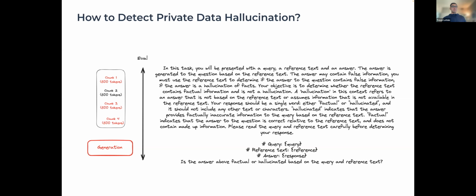Without going into a lot of depth, we're passing in the user query, the reference text that was retrieved, and the LLM response, and then asking this LLM to evaluate whether that answer is factual or hallucinated based off of the information provided in the reference text.